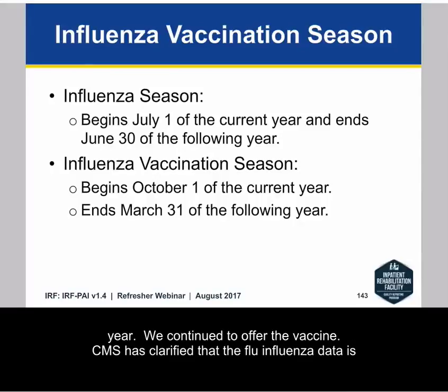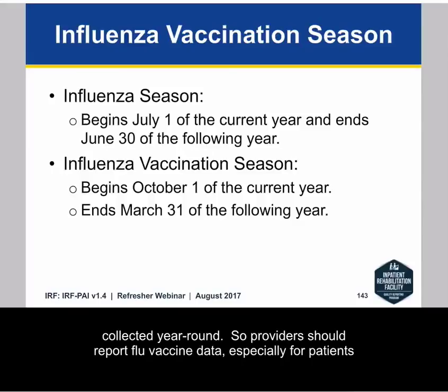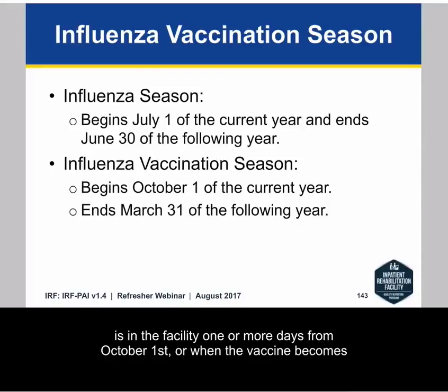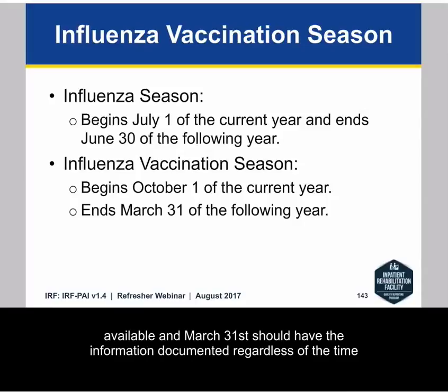CMS has clarified that the flu vaccine data is collected year-round, so providers should report flu vaccine data, especially for patients who are in the IRF during the influenza vaccination season. Specifically, any patient who is in the facility 1 or more days from October 1st, or when the vaccine becomes available, and March 31st should have the information documented regardless of the time of year.